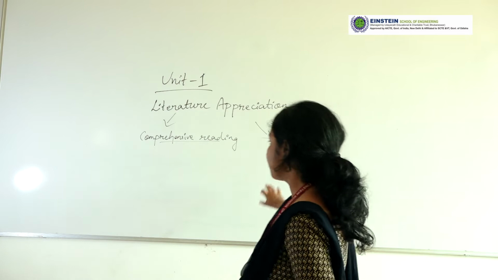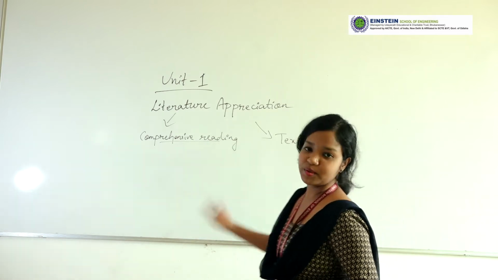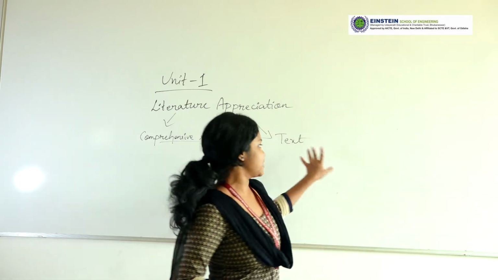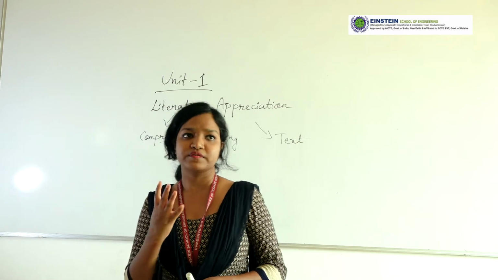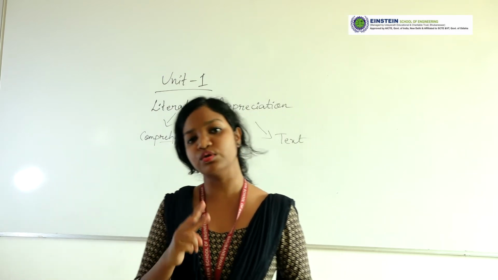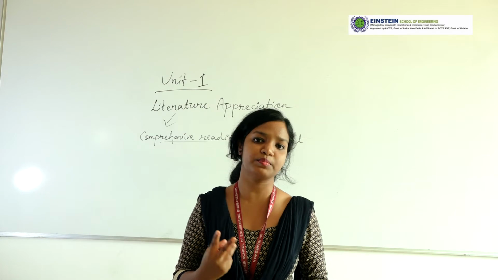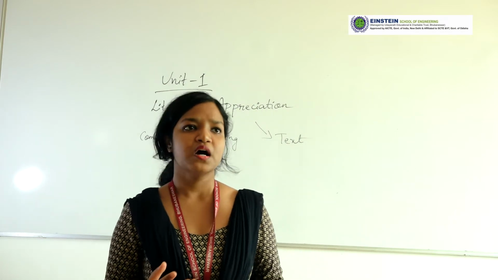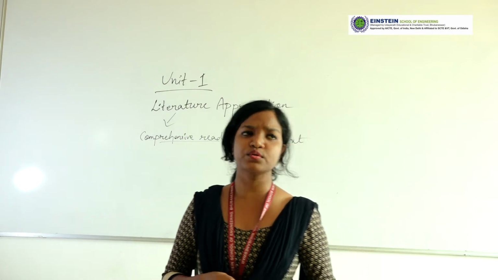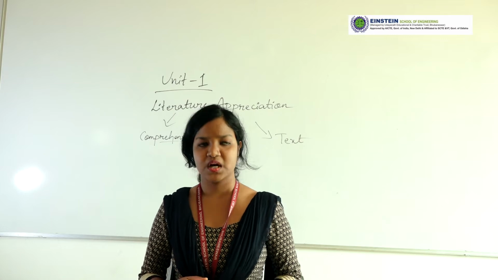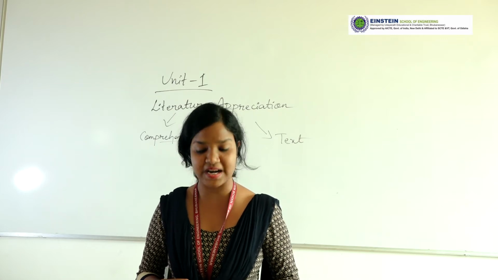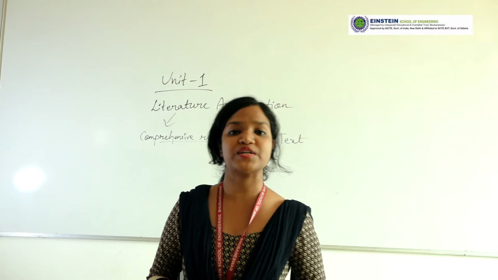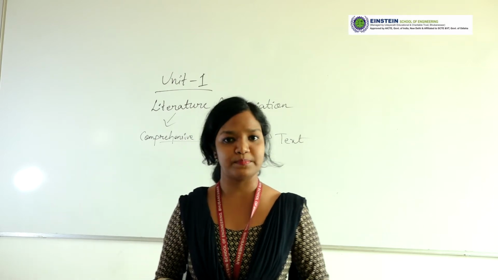After completing the comprehensive reading, when the student is acquainted with reading and analyzing and taking out the meaning from the text, we come upon the sub-unit of the first unit, that is text, where we have 4 different chapters, 2 from the poetry part and 2 from the prose part, where students are taught 2 stories and 2 poems. Like there are stories like Standing Up for Yourself and The Magic of Teamwork by Dr. Sam Pitroda.